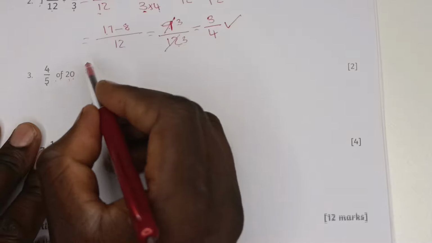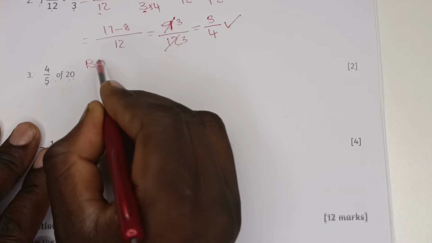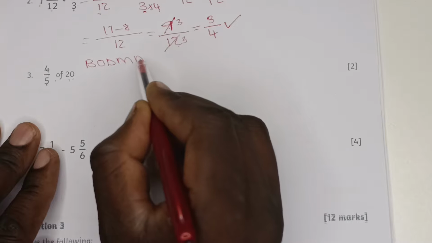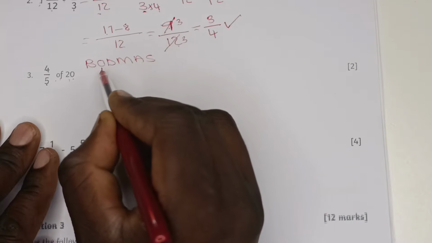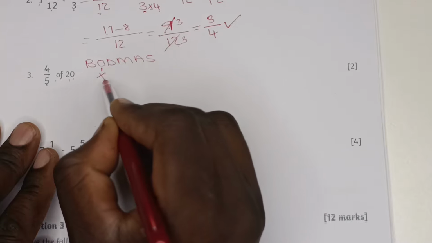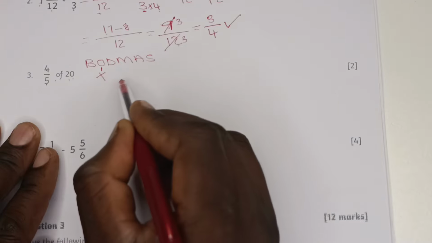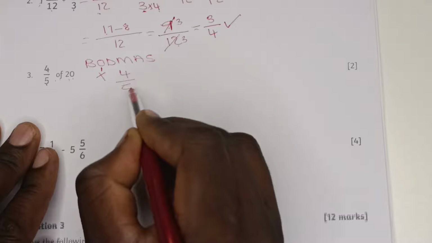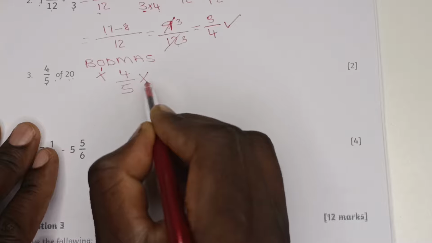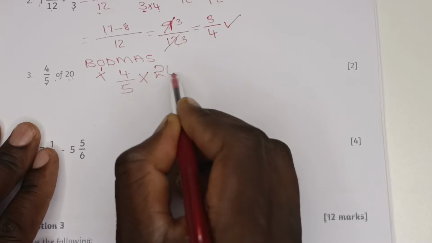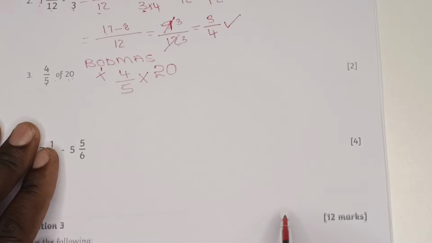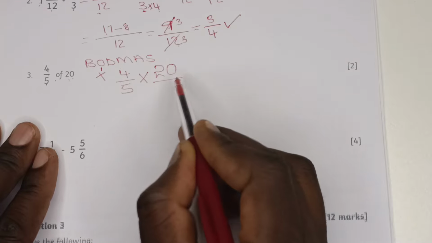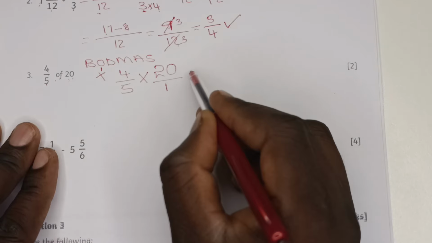So remember that according to the rules of multiplication, we will write it as 4 over 5 of 20. So remember that every time you see a number alone, it is the same as it has got an over 1.